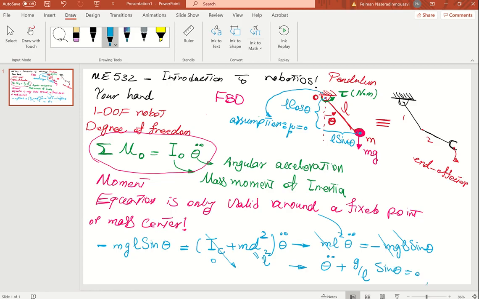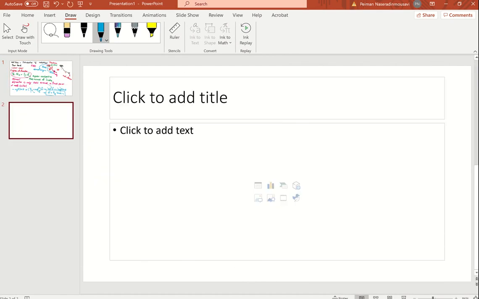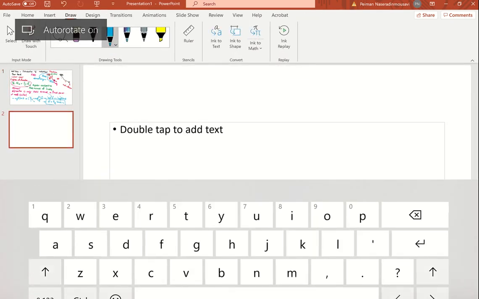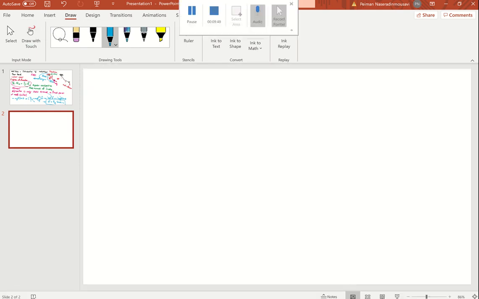This is the famous nonlinear equation of motion of a pendulum. We have seen this in the vibration course, but now you know that this is a very simple robotic mechanism. So theta double dot plus g over L sine of theta is equal to 0.